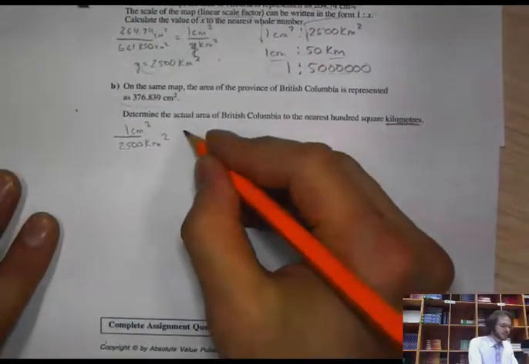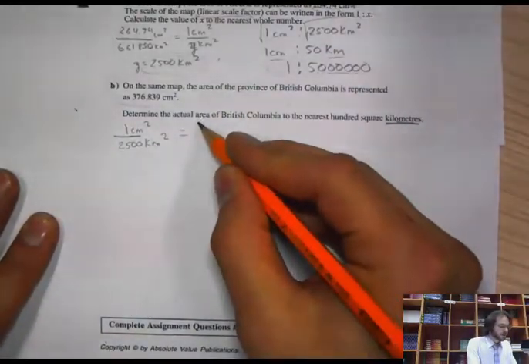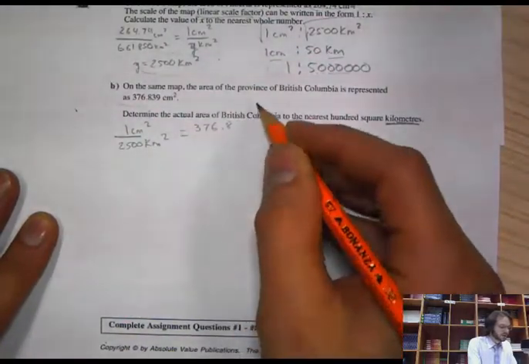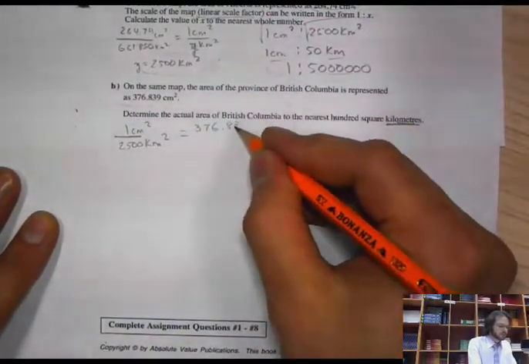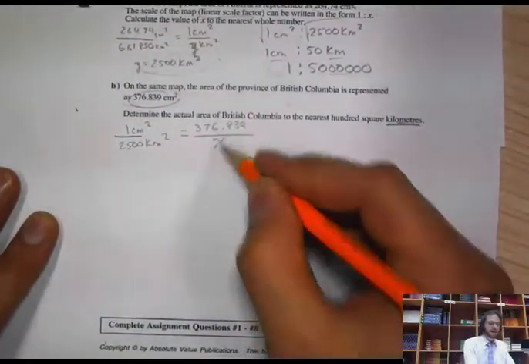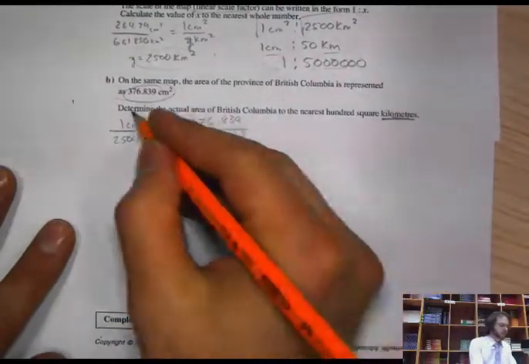Because that is my area ratio. Now that is equal to, now what is the area of British Columbia? We have 3 376.839. That's the new area because that's the one on the map. And we want to know what the old actual area is, so I'm going to leave that as x, and that's in kilometers squared. So I'm going to rearrange this. This will go up there.